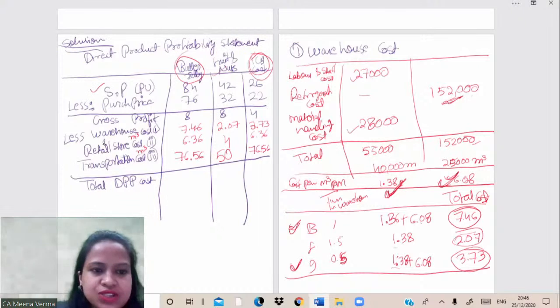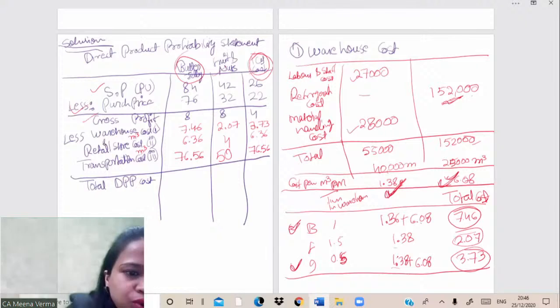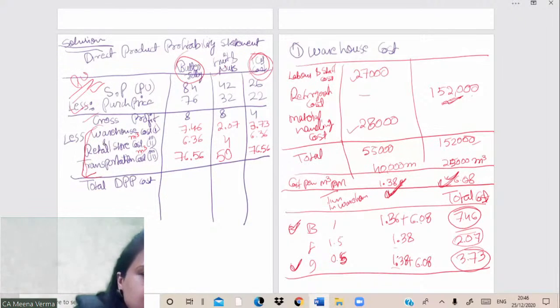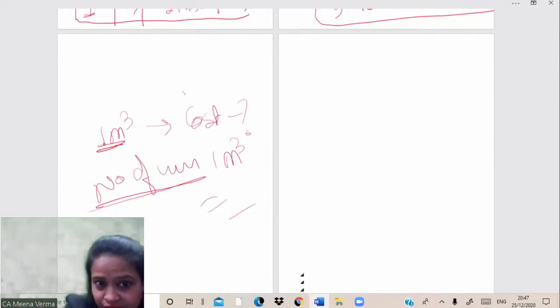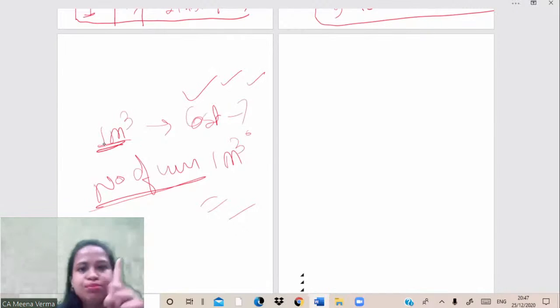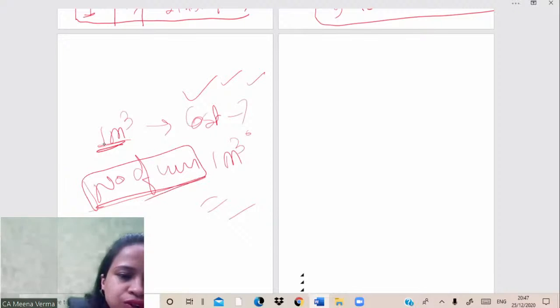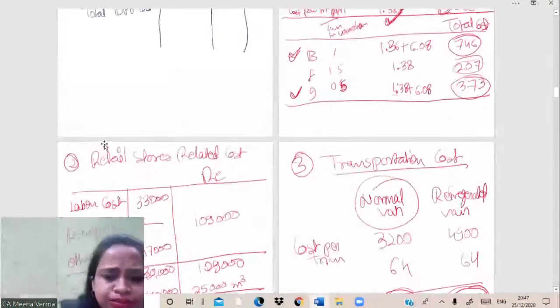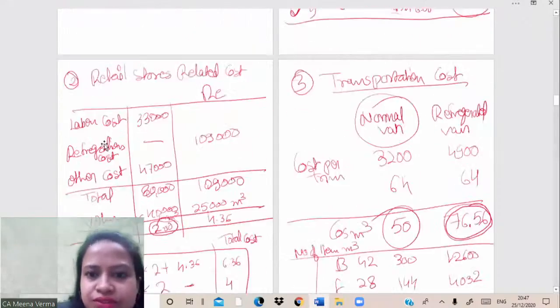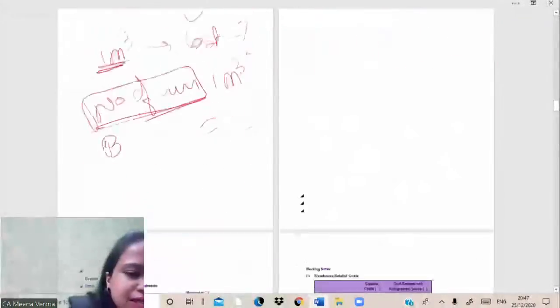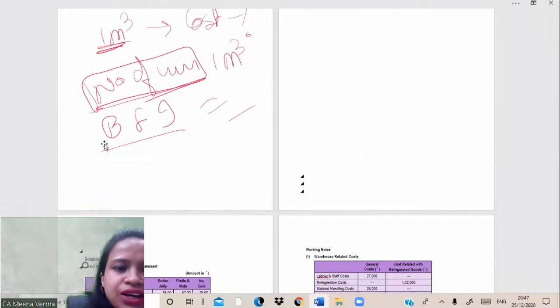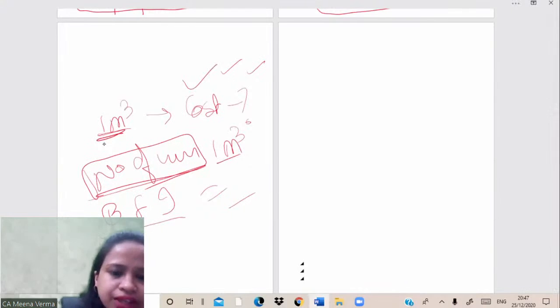You have considered the selling price, the purchase price, gross profit. Now you have to consider all these costs, since these are per unit costs, so you want to calculate this cost also per unit. But since you have calculated the cost of warehouse, retail store, and transportation for 1 meter cube, now try to find out the number of units you have for these three products: butter jelly, fruit and nuts, and icy cool, in each 1 meter cube.